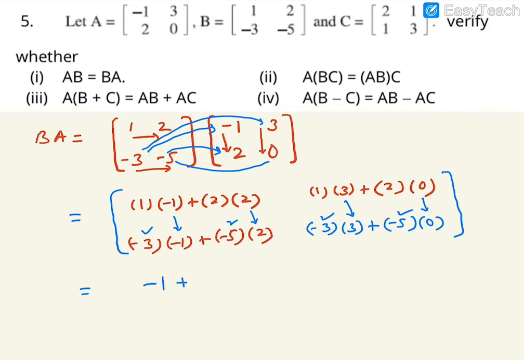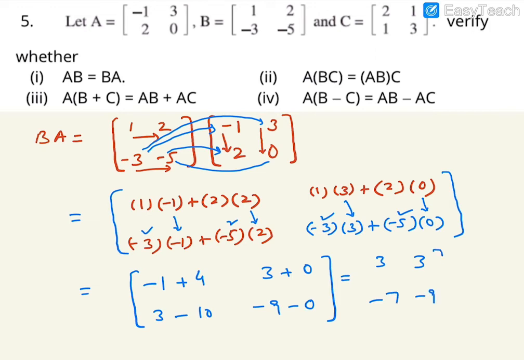So minus 1 plus 4, 3 plus 0, minus minus plus 3, minus 5 times 2 is 10, negative 9 minus 0. So we will get 3, 3, minus 7 and minus 9, which is not equal to AB.